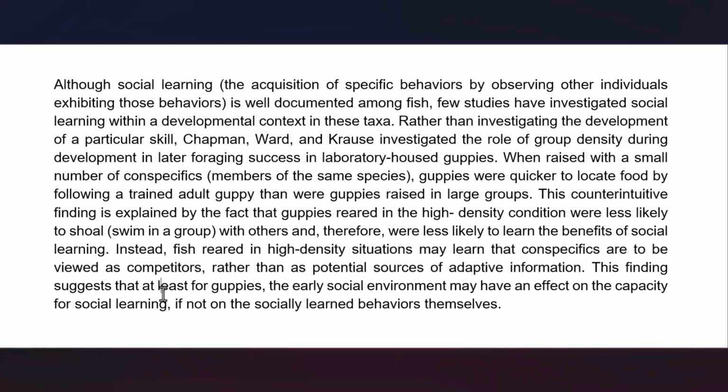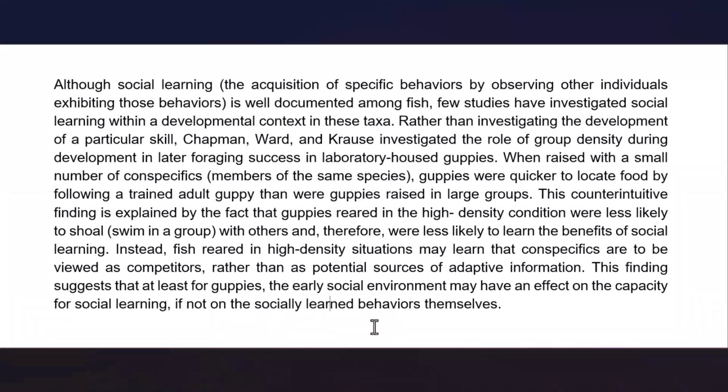It suggests that if the early social environment, at least for guppies, does not have any effect on behaviors, or if this phrase makes it difficult for you to remember or understand, you can eliminate the adjective for the time being. You can just simply say behaviors instead of socially learned behaviors.